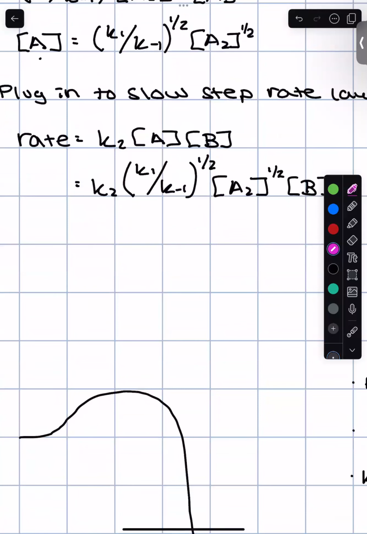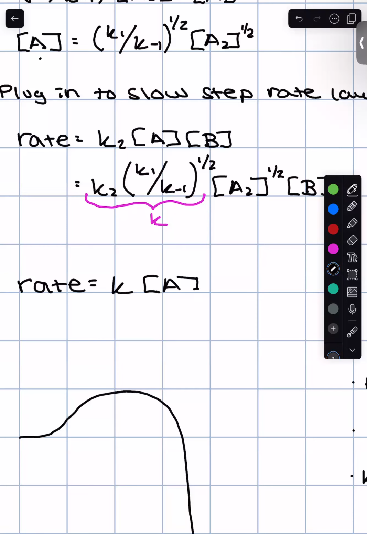Now, at this point, this entire thing is just going to be reduced to K. Just because remember that this is just a constant. It's just some number and we don't care what it is. So rate is equal to K times the concentration of diatomic A to the 1/2 times the concentration of B. And that will be your answer.